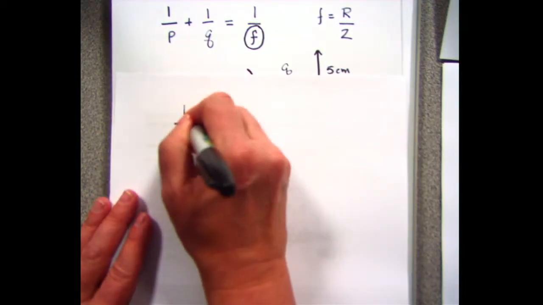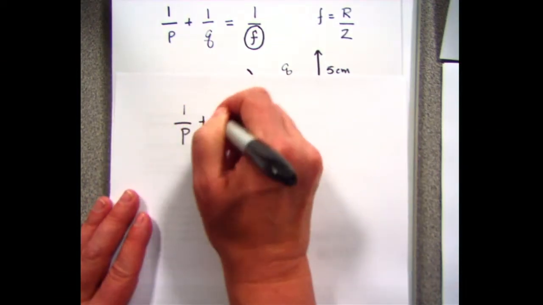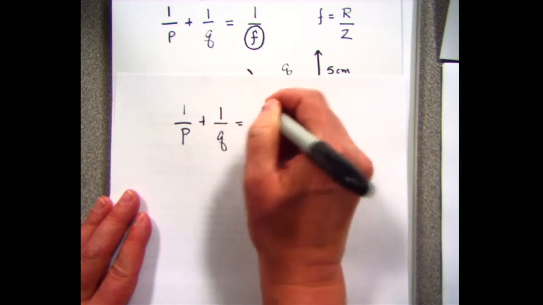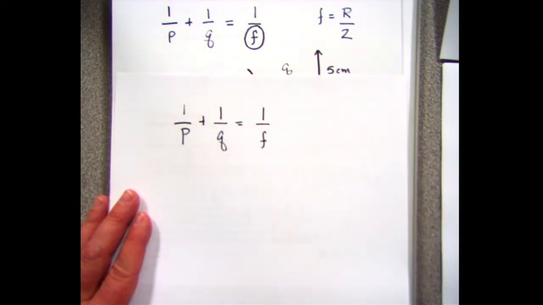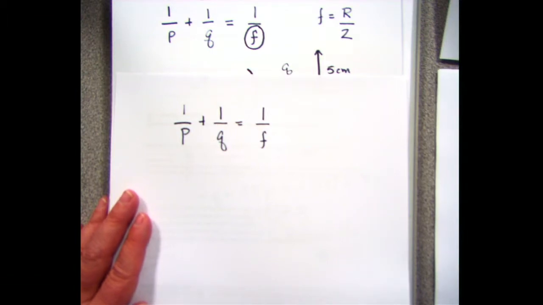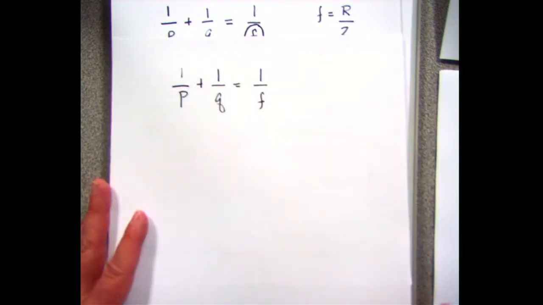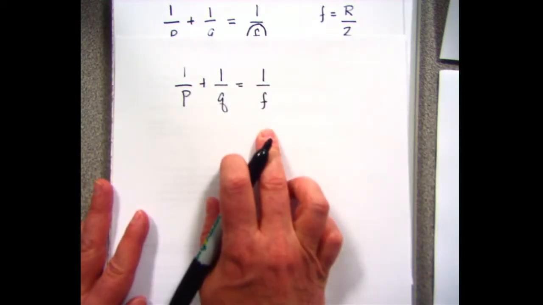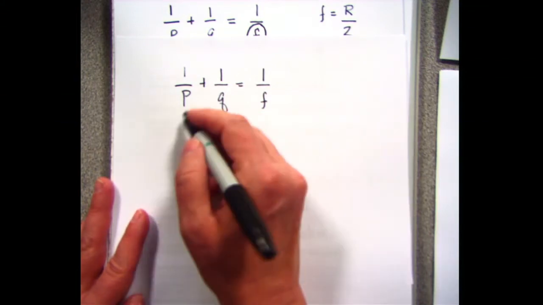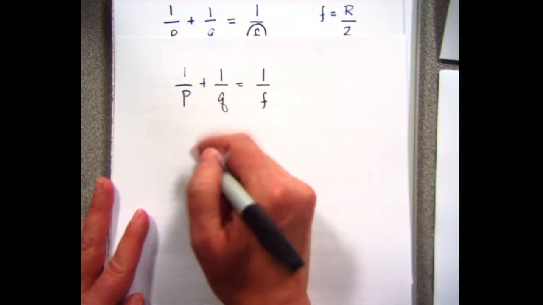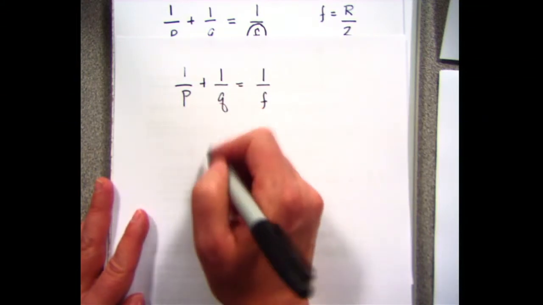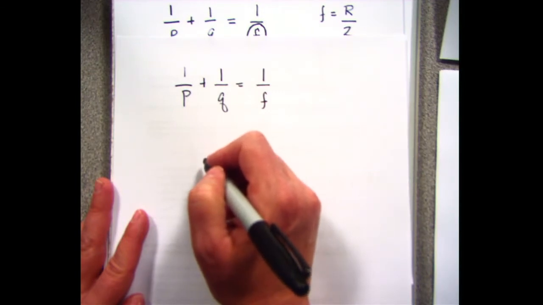So I'm going to start with my equation. 1 over P plus 1 over Q is equal to 1 over F. Now, this is the equation that you'll see in our book, and sometimes you're going to see an equation that looks a little different, but I'm going to get you there from here. If I want F on top, I want to put these into lowest common denominator.